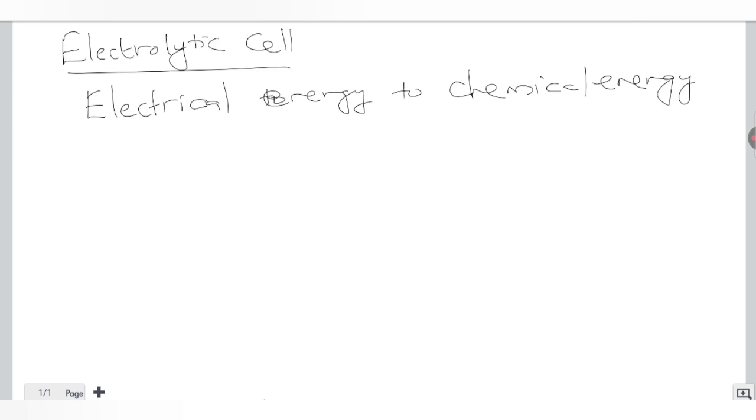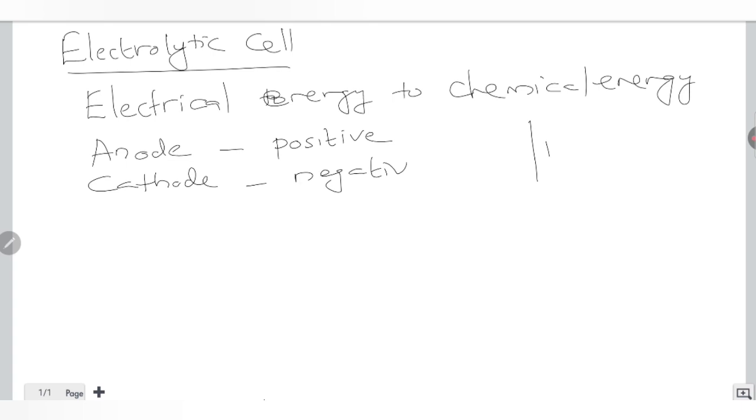Okay, so in an electrolytic cell, these are the general things. Anode is positive and cathode is negative. In a battery, if it's a cell, this is positive and this is negative, so you have to check which side is connected to what, and then you take it in that way.